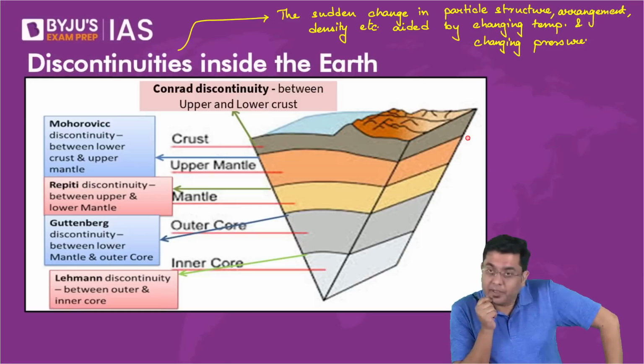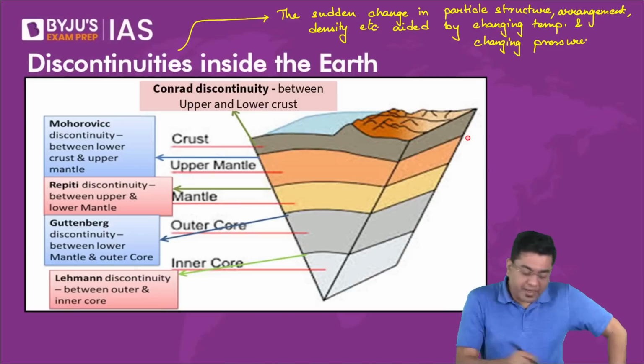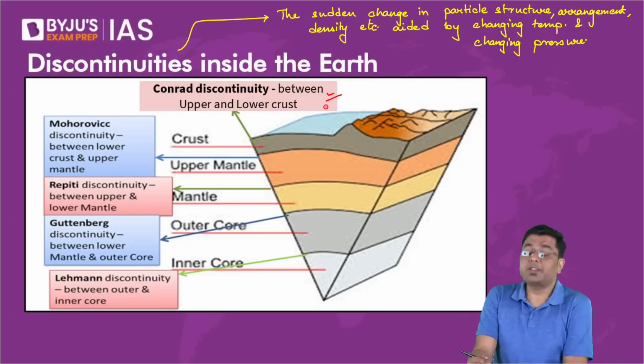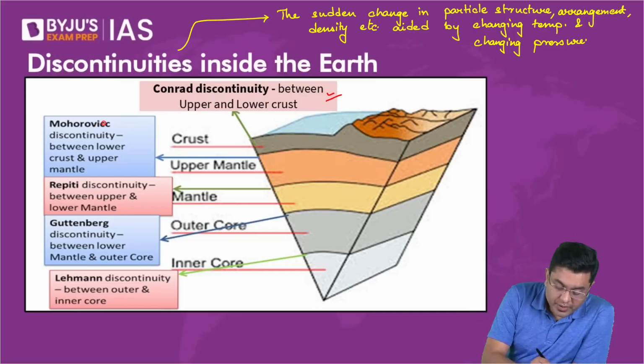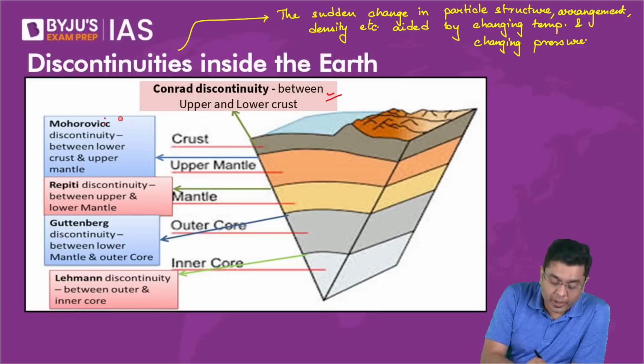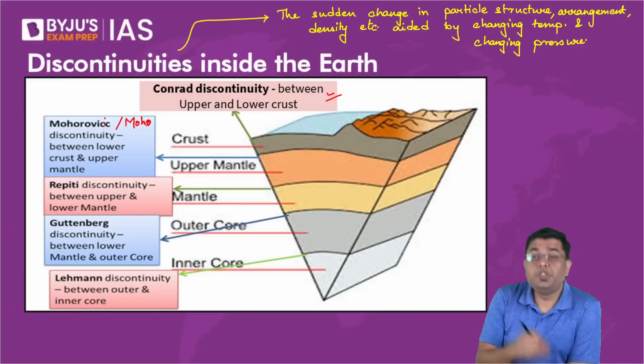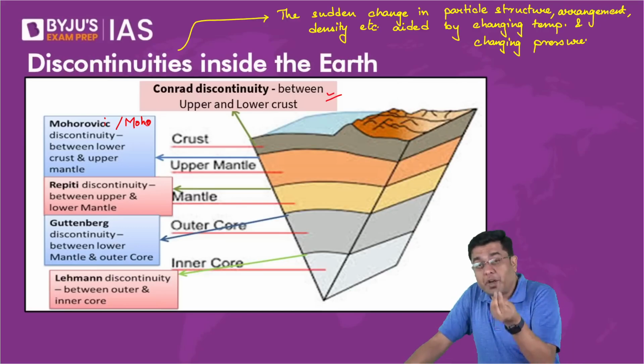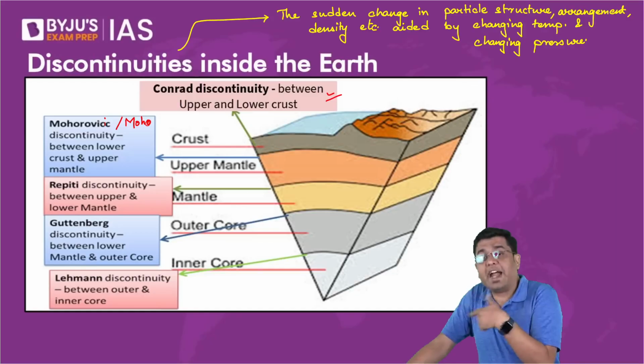So you have the Conrad discontinuity separating the upper and the lower crust. Then the Mohorovic discontinuity, or simply the Moho. In geographical terminology, you will come across that this earthquake struck 50 kilometers underneath the Moho, or this earthquake struck with a focus at Moho.